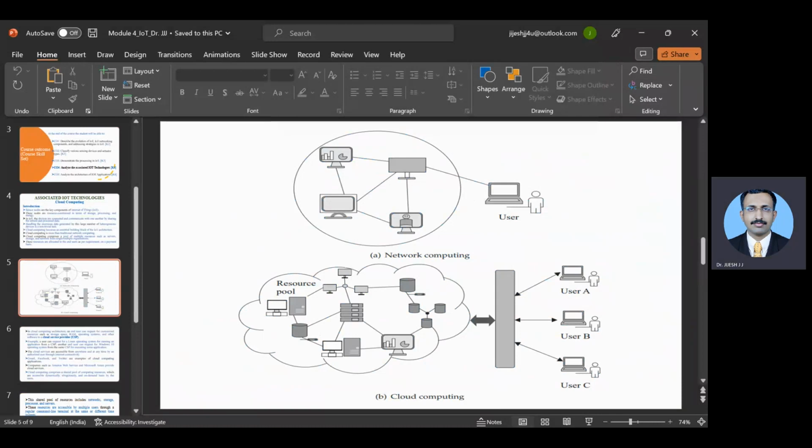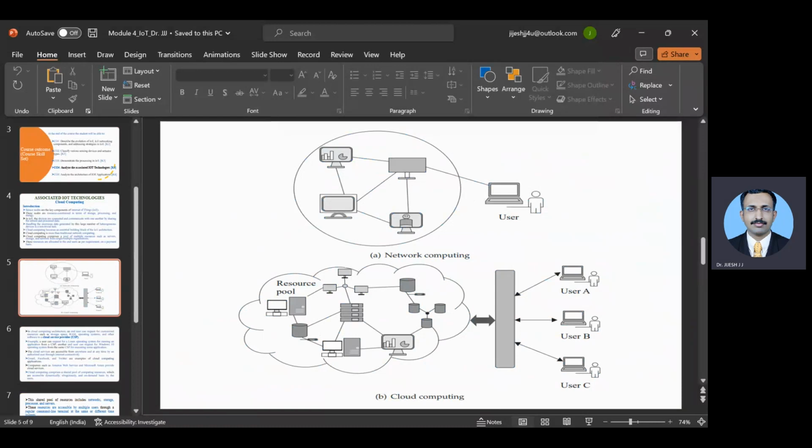Cloud computing. So what you can see in cloud computing is that users A, B, C and others interface with the help of a server, or they can be connected to a cloud infrastructure facility where you can have databases, servers, and all the computing facilities where you can store the information as well as process the information.